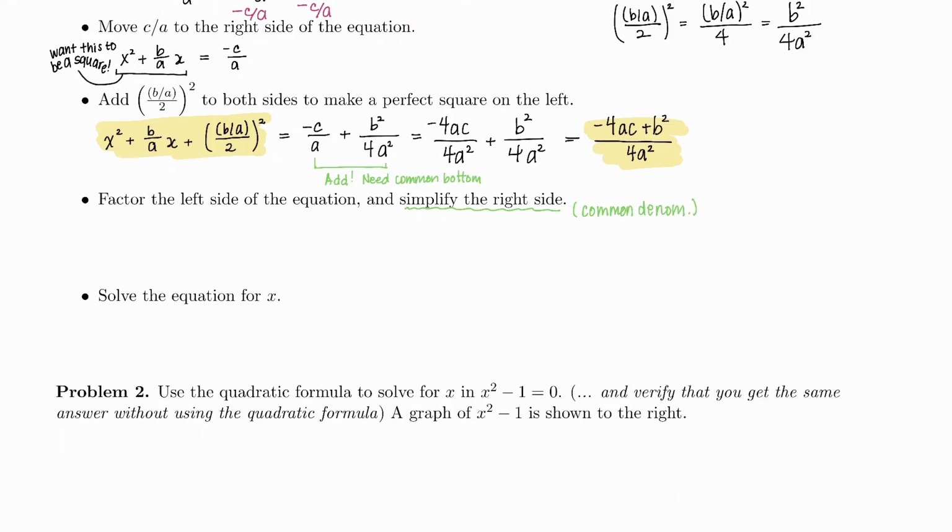Remember how we can factor the left side. It will always factor as x plus b over 2a squared, and this will be equal to negative 4ac plus b squared divided by 4a squared.